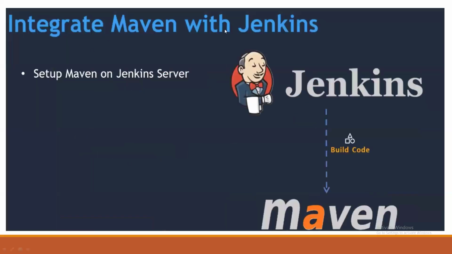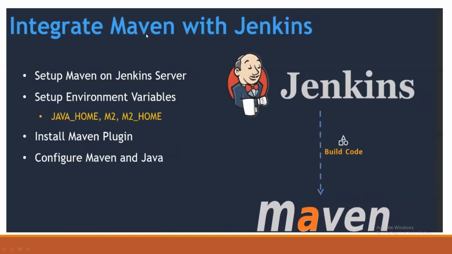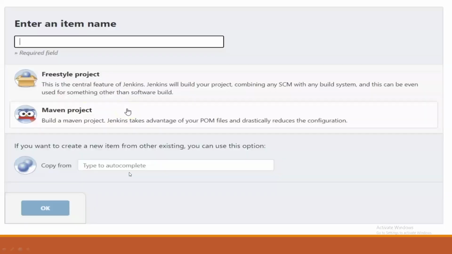Next, integrate Maven with Jenkins. Set up Maven and the Jenkins server, set up the environment variables such as Java home and M2 home, install the Maven plugin, and configure Maven and Java.